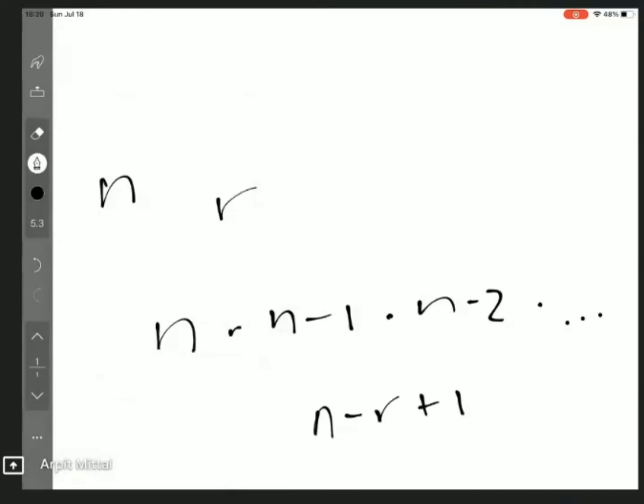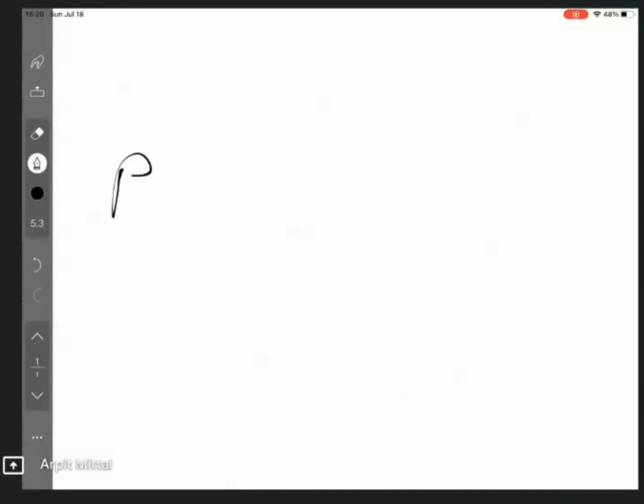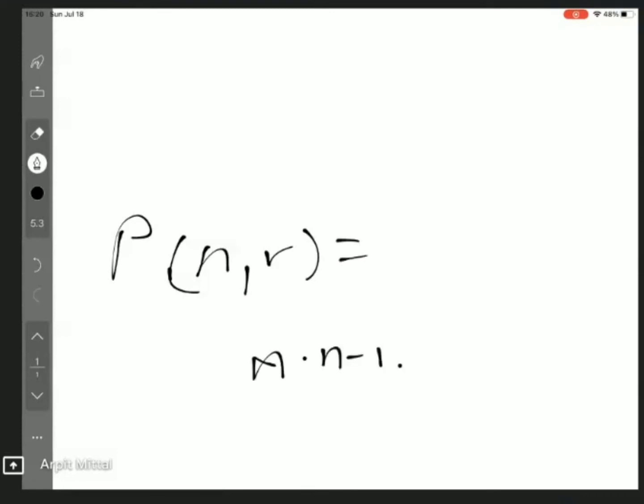So therefore, the permutation of n comma r is equal to n times n minus 1 up till n minus r plus 1. We can also write this in a cleaner way, because this way is honestly kind of messy.